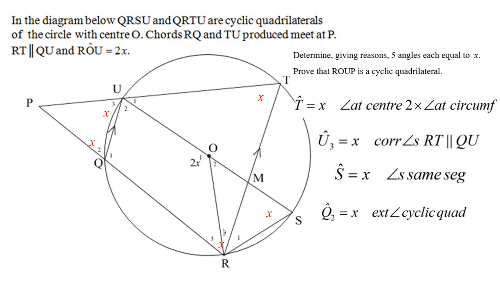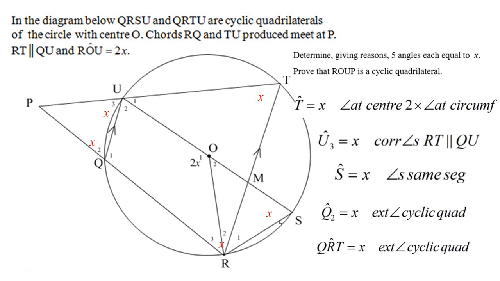Right there, QRT has to be equal to x, because of this exterior angle.